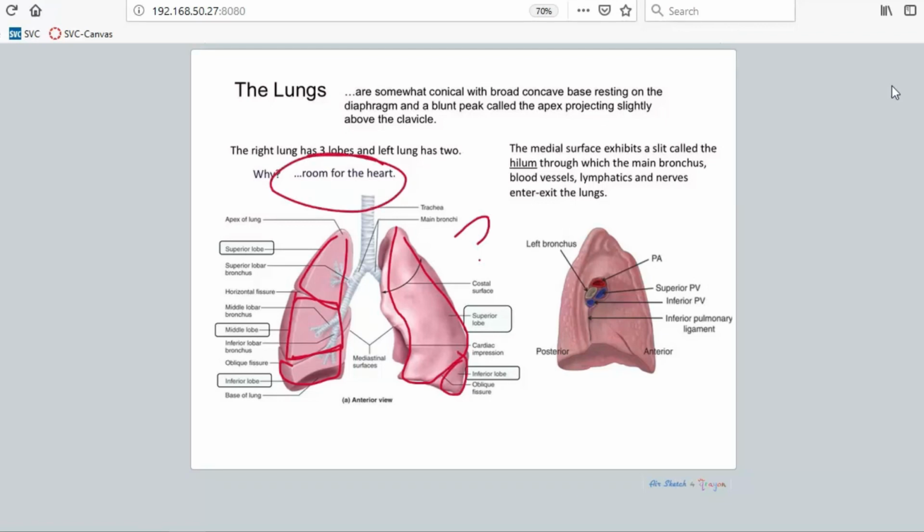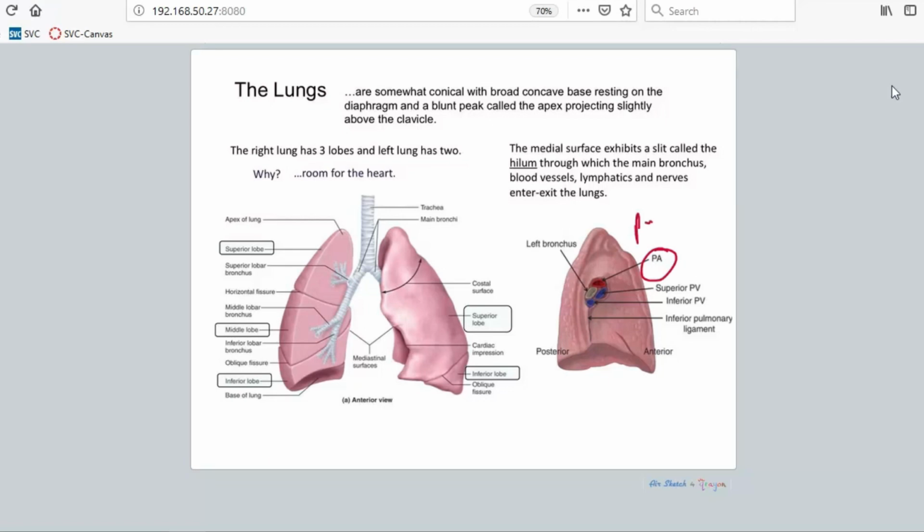And like I mentioned earlier, when the trachea comes down and branches into the bronchi, they enter the lungs through a slit called the hilum. Not only are the bronchi going to enter, but pretty much any vessels entering and exiting the lungs pass through this hilum here. So here we have the PA. What's the PA?